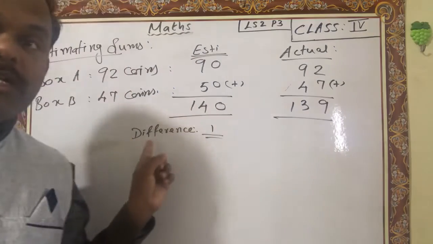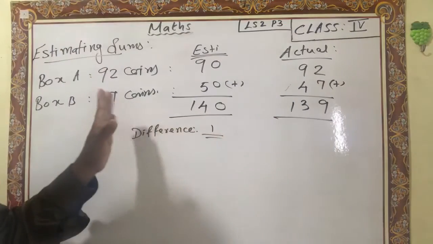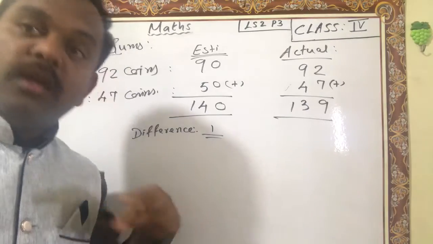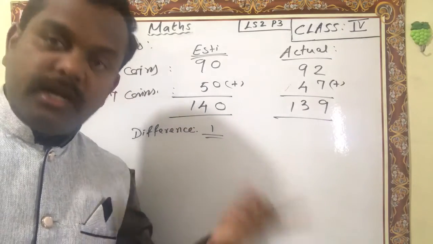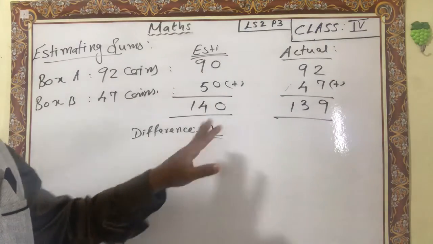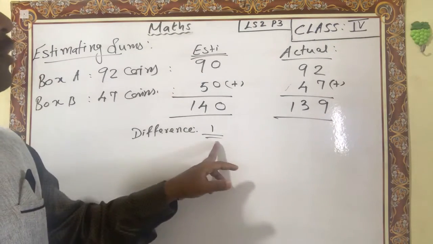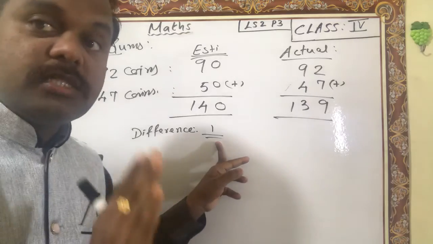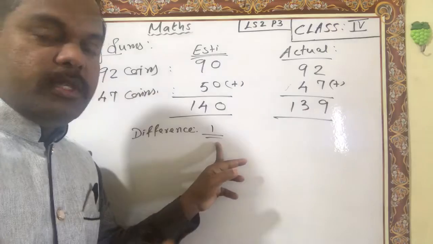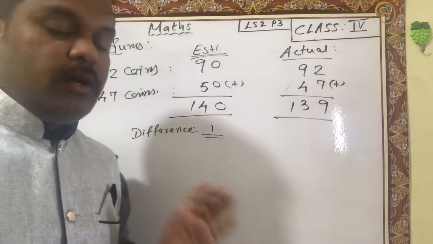For the estimated addition, you have to find the nearest 10. In the next problem, nearest 100 will come. After that you have to find the difference. Difference means subtraction. If you subtract 139 from 140, you will get 1.